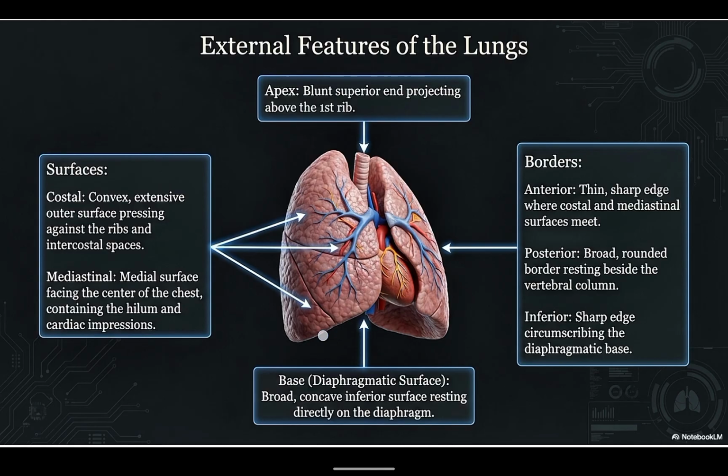We're going to describe that when we talk about the differences between the right and the left lungs. The diaphragmatic surface, we always know, is a broad, concave, inferior surface resting directly on the diaphragm. Just have it in mind that the diaphragmatic surface is the surface of the lungs resting on the diaphragm.